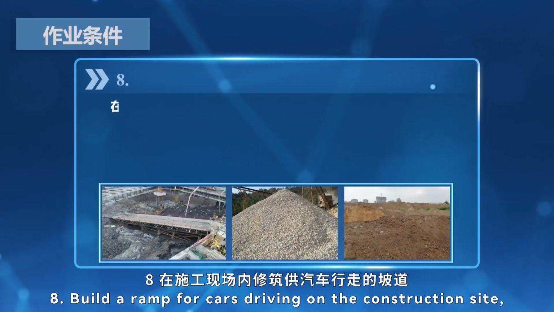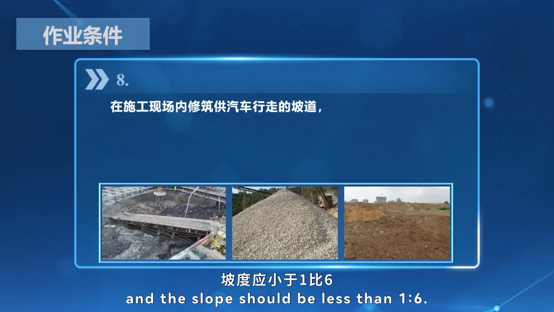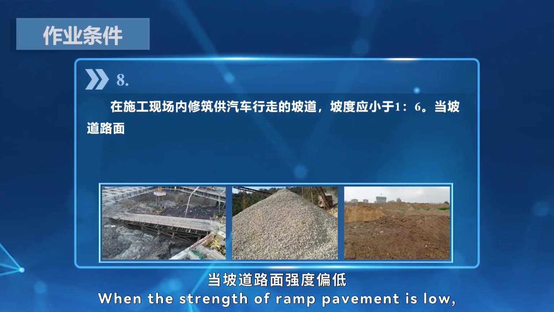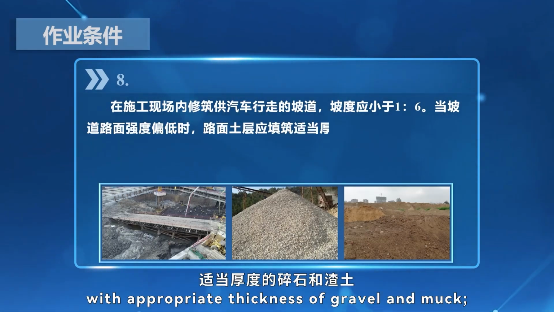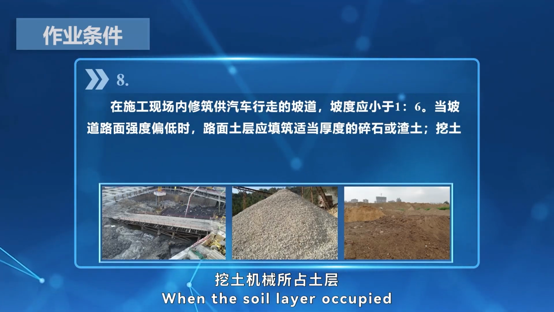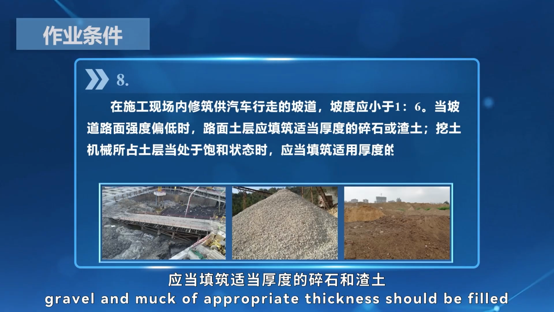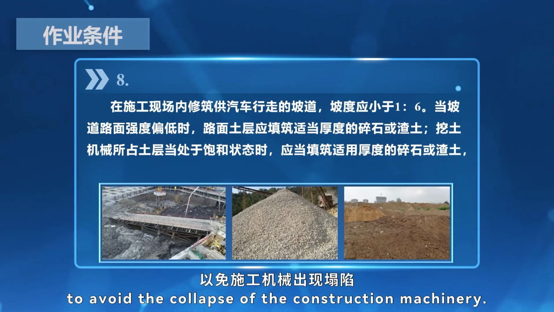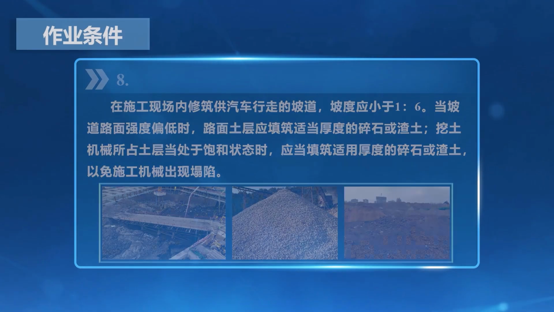8. Build a ramp for cars driving on the construction site, and the slope should be less than 1 to 6. When the strength of ramp pavement is low, the pavement soil layer should be filled with appropriate thickness of gravel and muck. When the soil layer occupied by the excavation machinery is in a saturated state, gravel and muck of appropriate thickness should be filled to avoid the collapse of the construction machinery. 9.